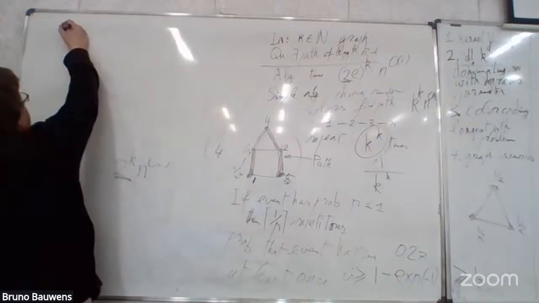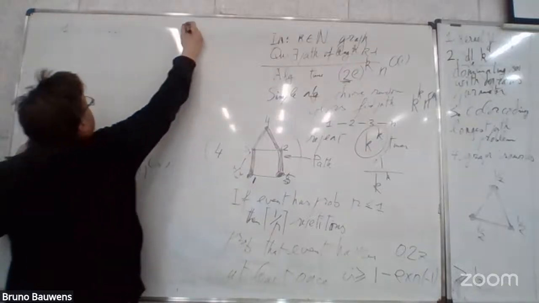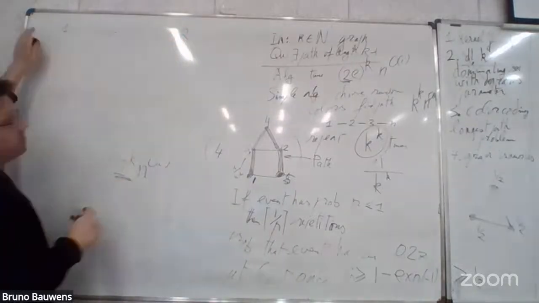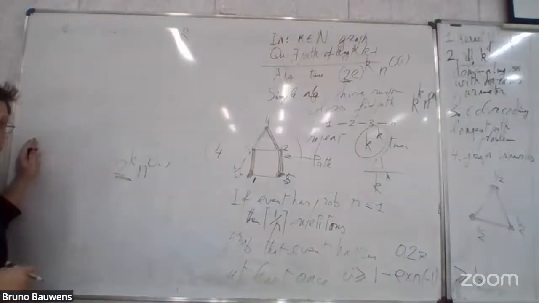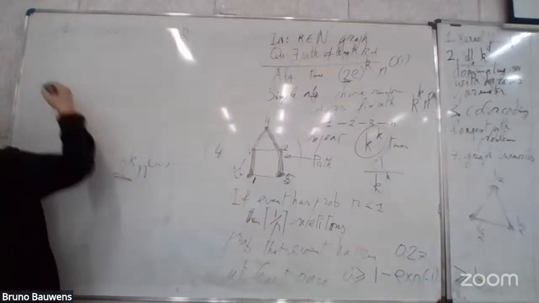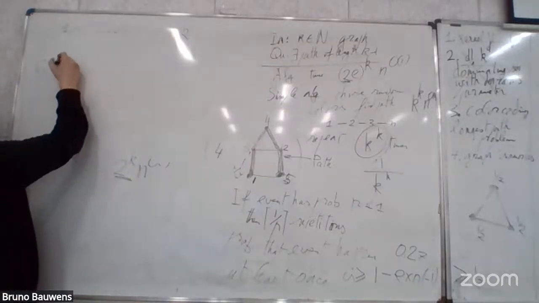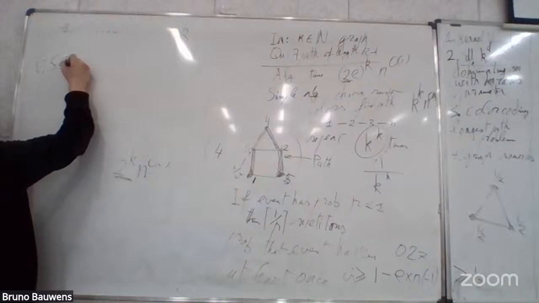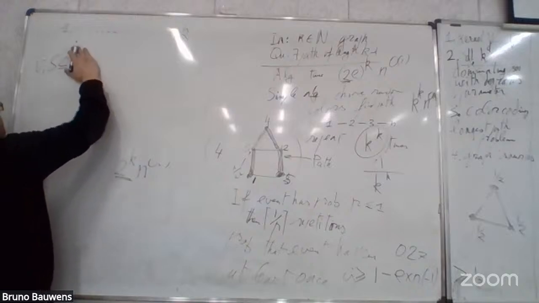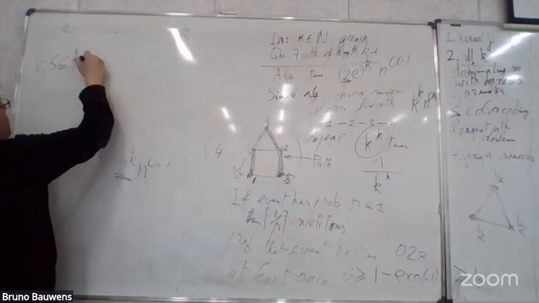The columns will be 1 till k. And the nodes will be sets of colors and first node, so pairs. So here we will have node and sets of colors from 1 to k.